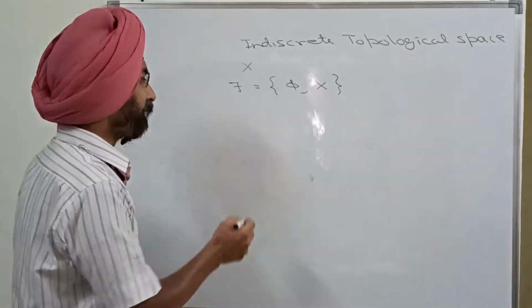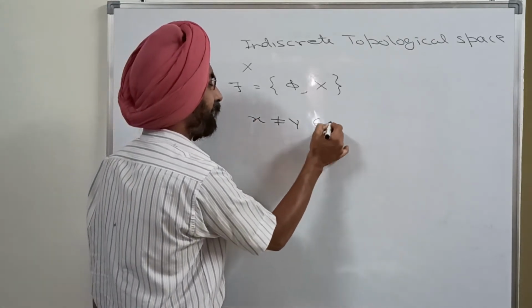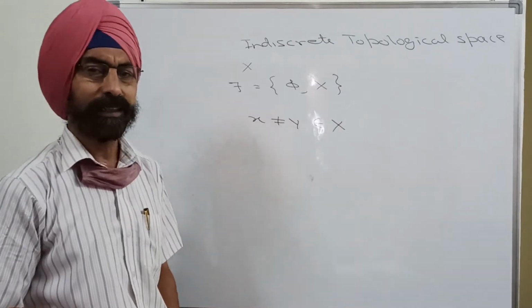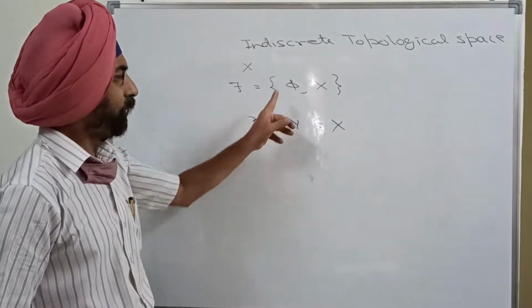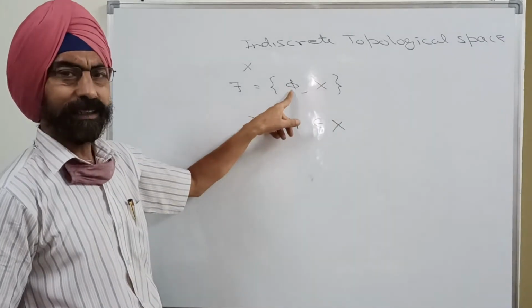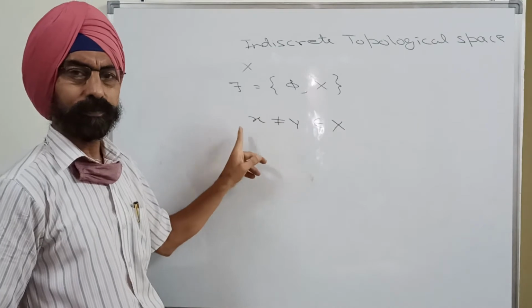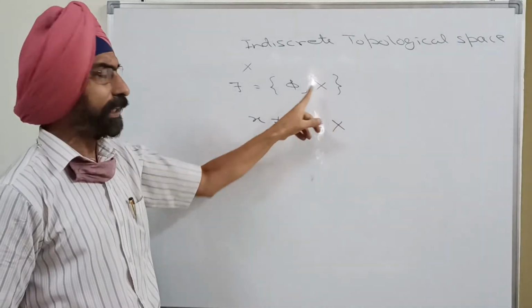Now, if you take two elements X not equal to Y in the set X, since we have only two open sets, the first one, phi, does not contain either of these two, and the second one contains both.